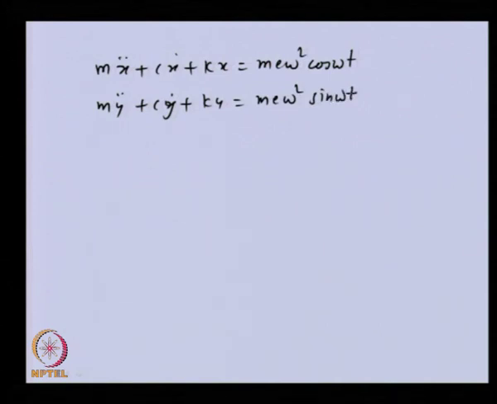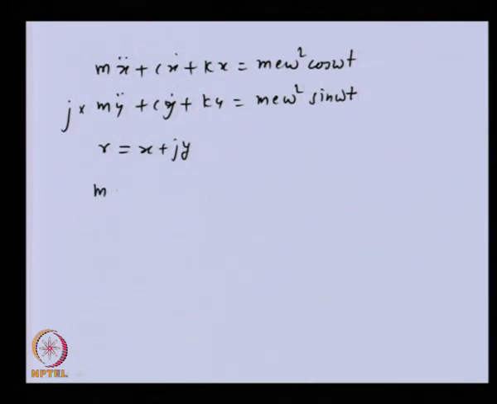Now, we define a complex vector r which is x plus j y, and this complex vector we can use in the two equations by first multiplying the second equation by j and adding it to the first one.